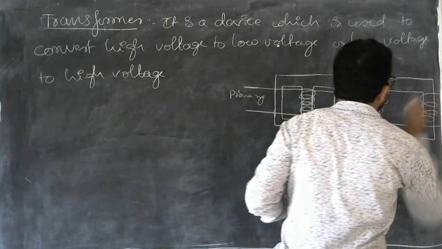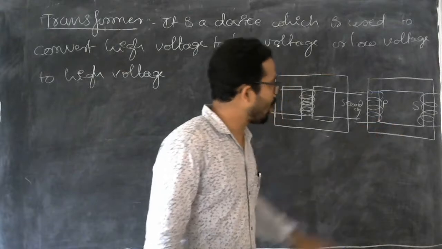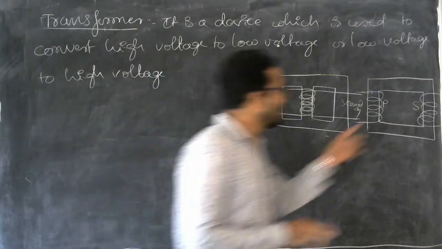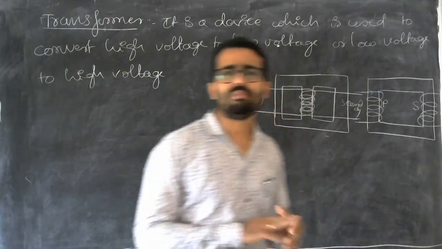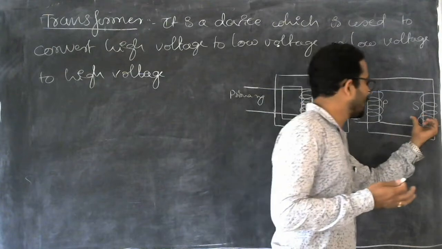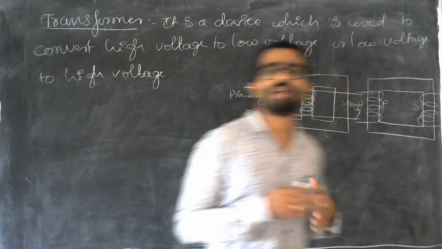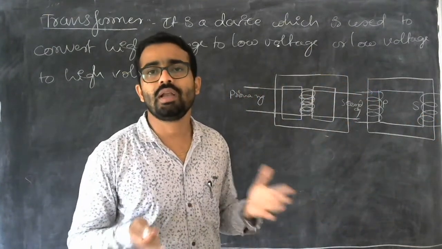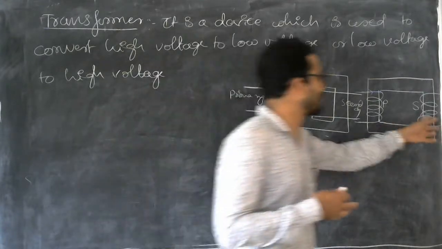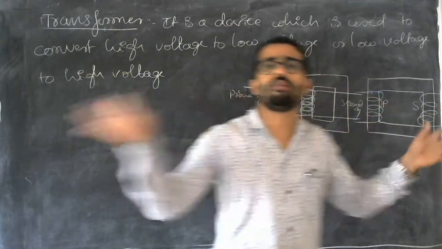The primary coil produces a magnetic flux, which should all link with the secondary coil. Sometimes some of the flux will not be linked by the secondary coil. It will be wasted. It will not enter into the secondary coil, it will go away.